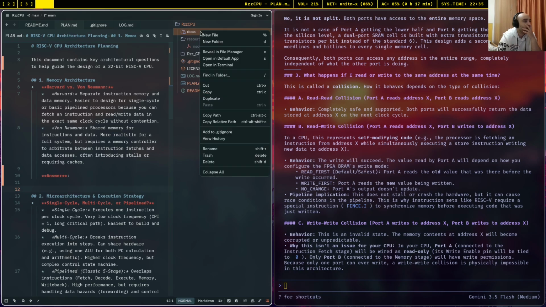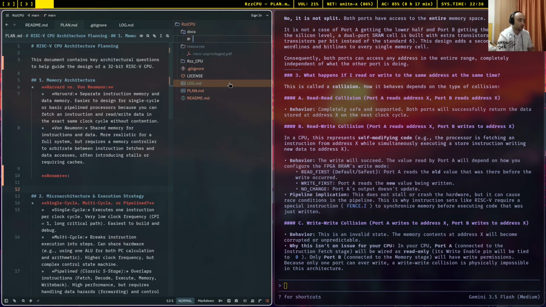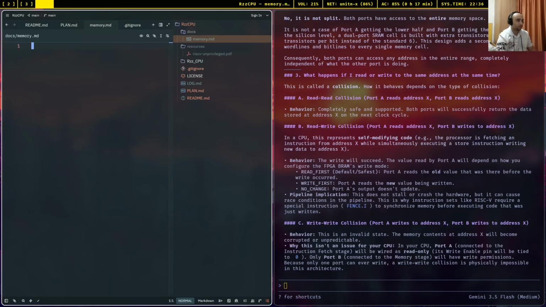Okay, so then here I'm going to start creating a new file which I'm going to call memories. Or maybe let's call it VRAM. No, I don't know. Memory.empty. So the memory architecture is technically, I think, von Neumann.